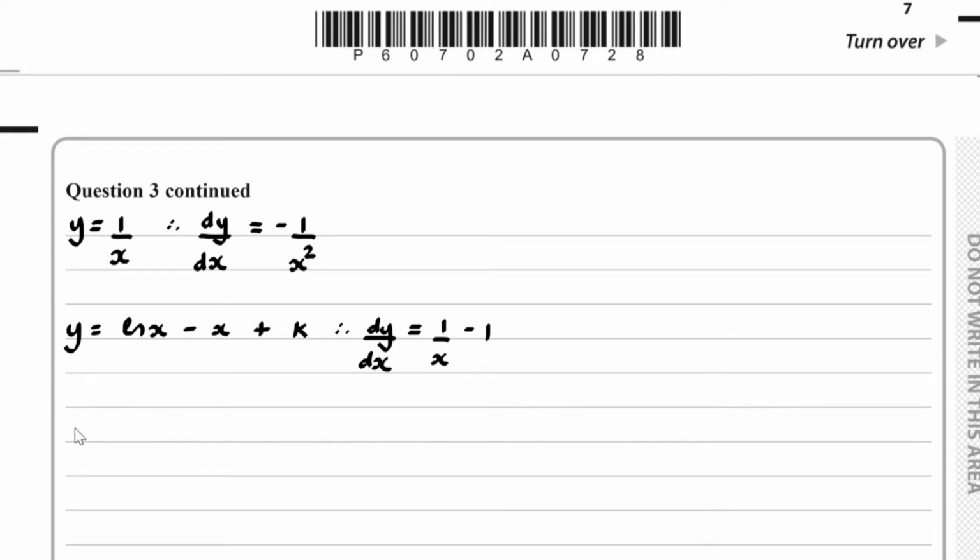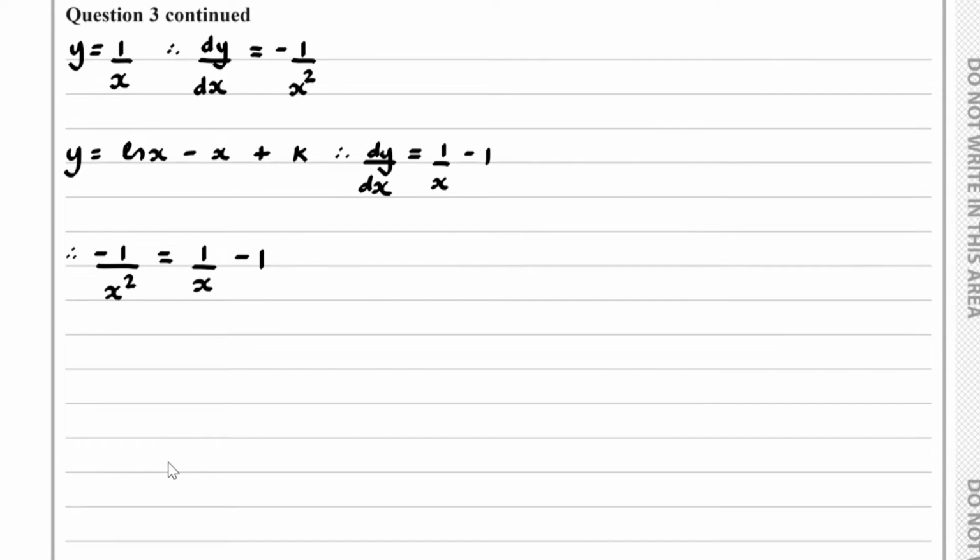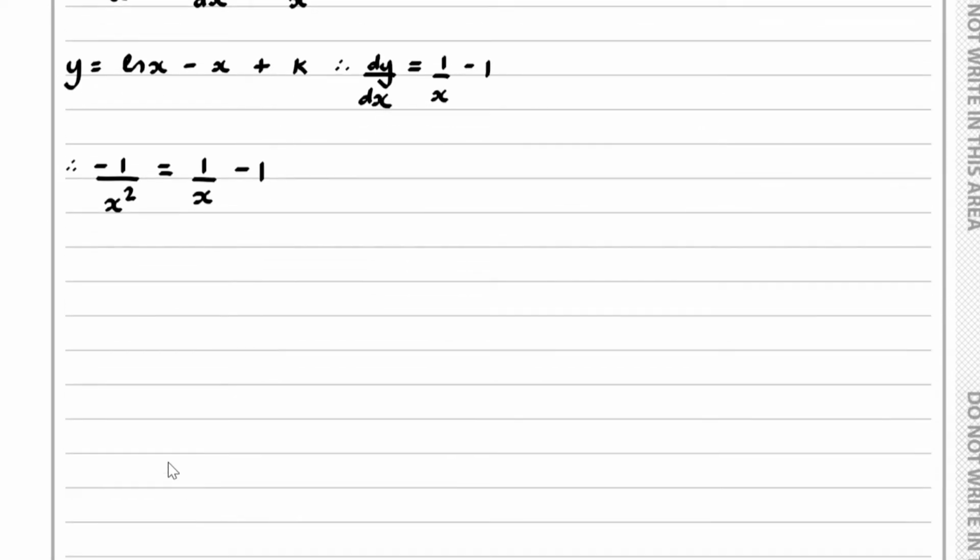Now we need to set the derivatives equal to each other. So I've got minus 1/x squared, and this will equal 1/x minus 1. And so if that's the case, then we've got minus 1 equals x minus x squared. x squared minus x minus 1 is equal to 0.